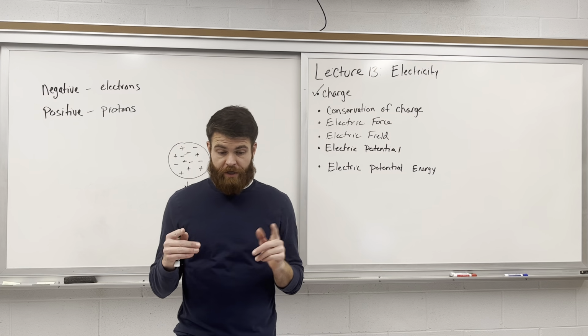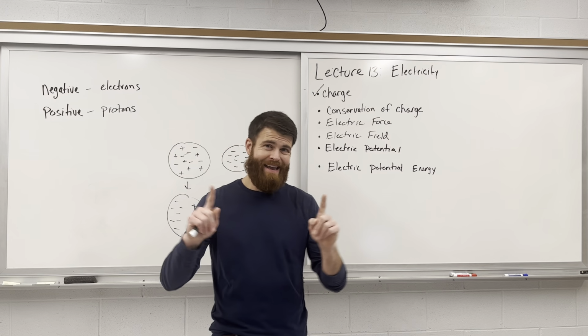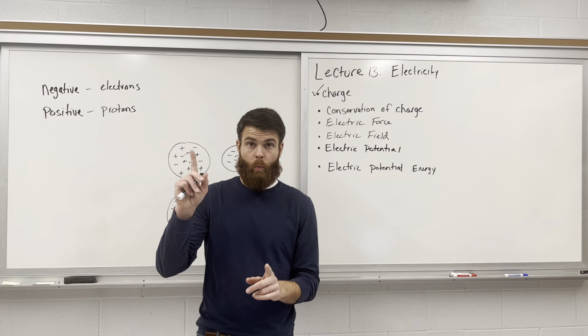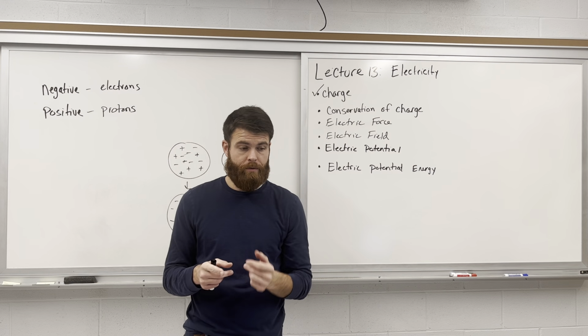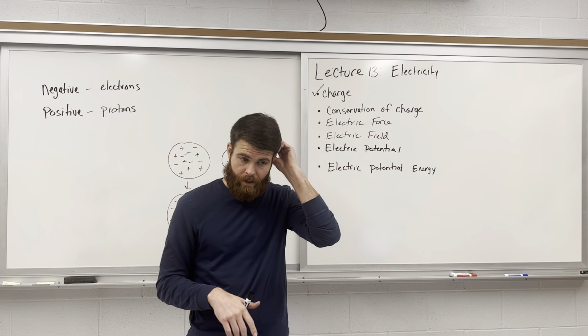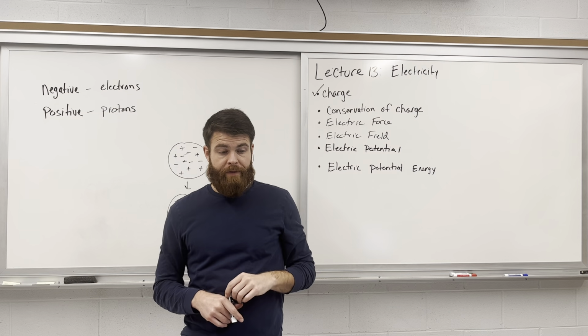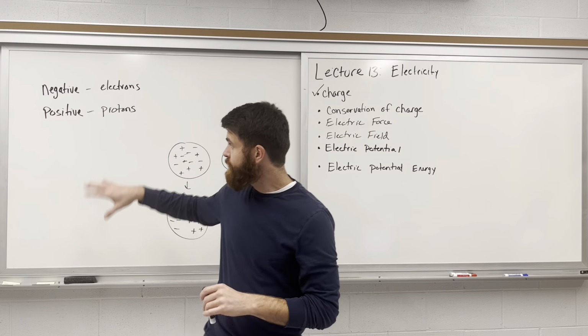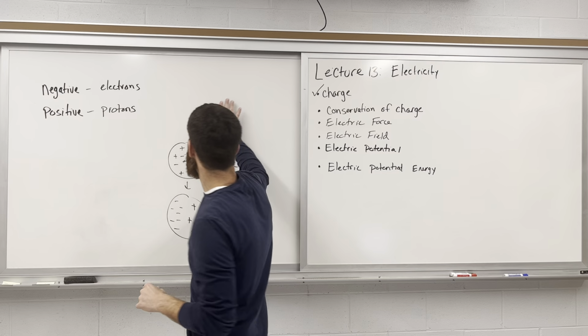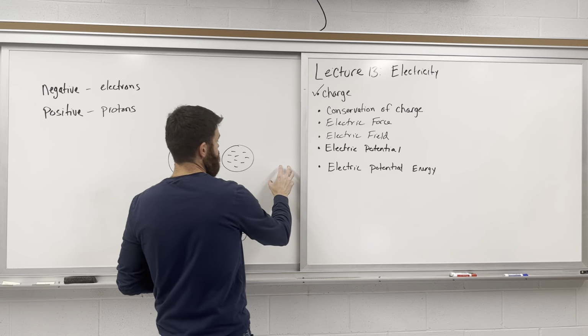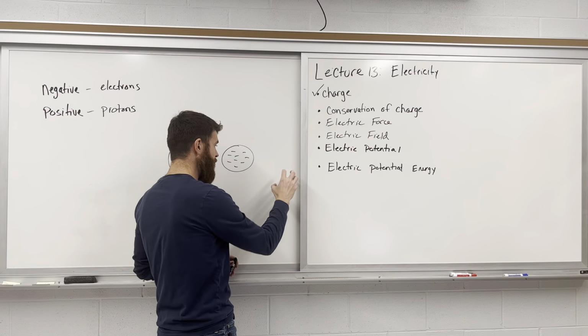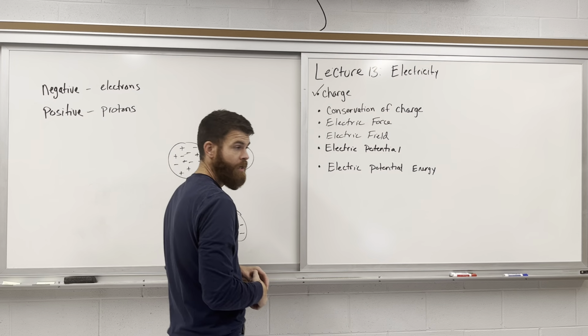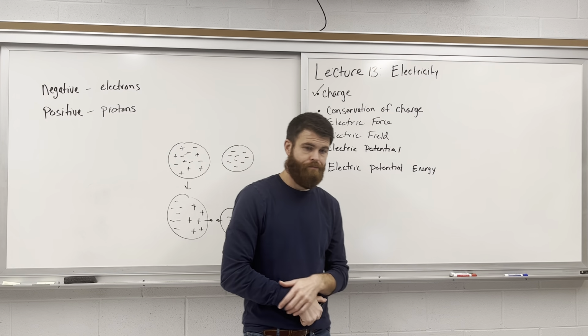Okay, so if there's an attraction between two objects, they either A, have the opposite charge, or B, one of the objects is neutrally charged. That's how, if you charge a balloon, it sticks to the wall. Right? The balloon induces a charge in that part of the wall, and it sticks to those charges. The wall is electrically neutral.